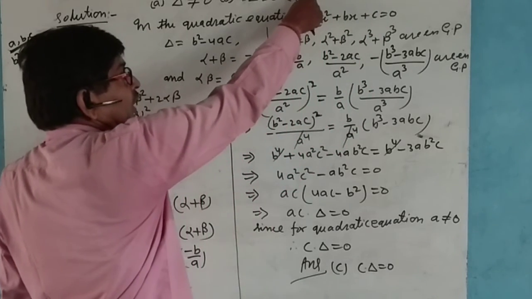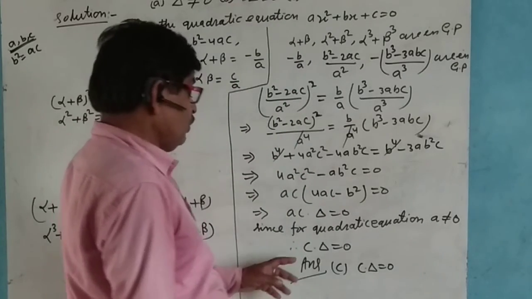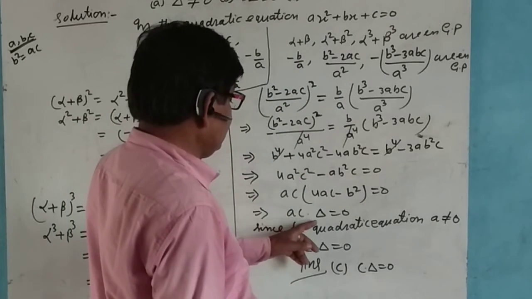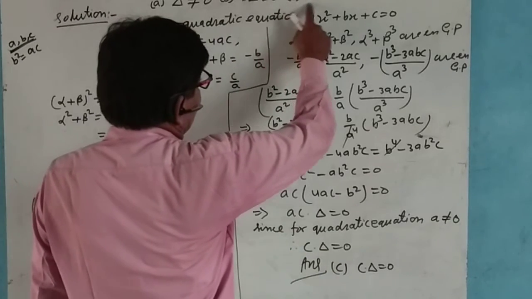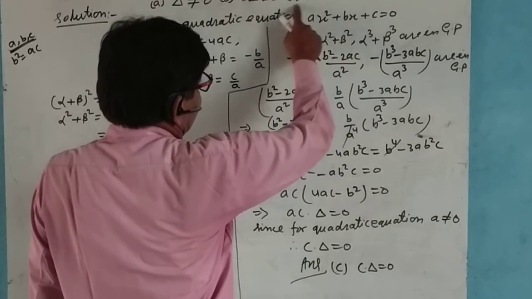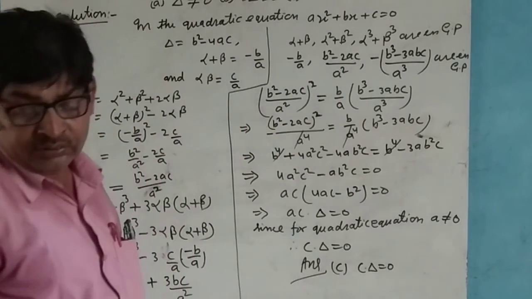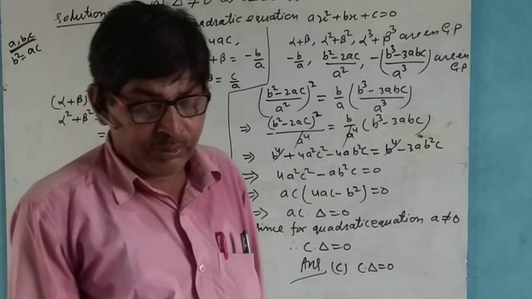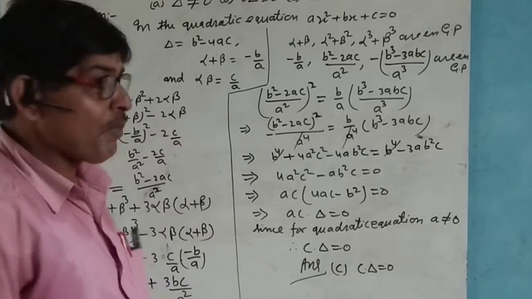So c into delta equal to 0. That is our required answer. Now we study about harmonic progressions.